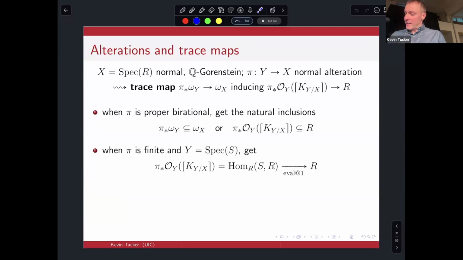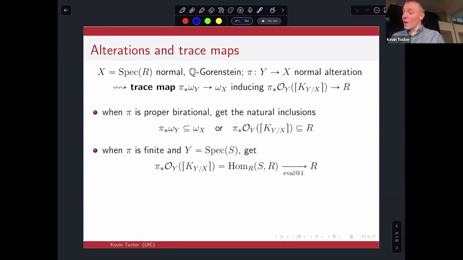For any such, I get a trace map that relates the pushforward of the canonical sheaf from the alteration to the canonical sheaf of my space X. In much the same way that we had this twisting by minus K to transition from rational singularities to KLT singularities, twisting this trace map also gives me a trace map from the relative canonical back to R as well.